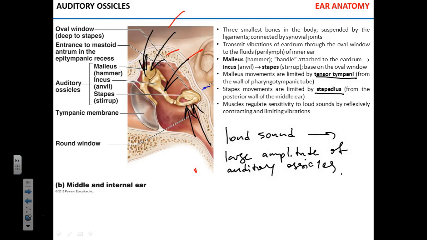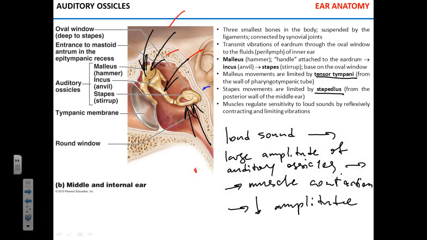I presume you understand large amplitude, like vibration amplitude, which leads to the muscle contraction, which leads to decreased amplitude of auditory ossicles. Does that make sense?